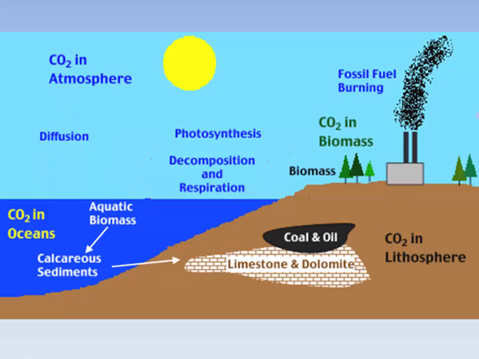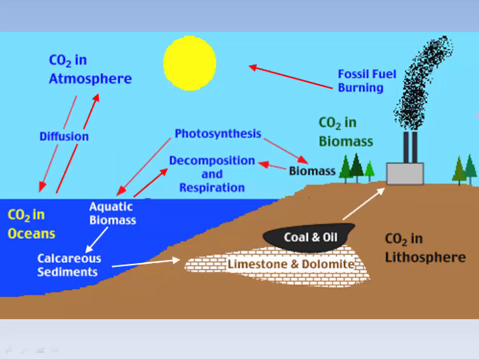And it ends up in fossil fuels and rocks when things in the ocean die. They carry their carbon down to the bottom of the ocean, where it ends up in the sediments at the bottom of the ocean.